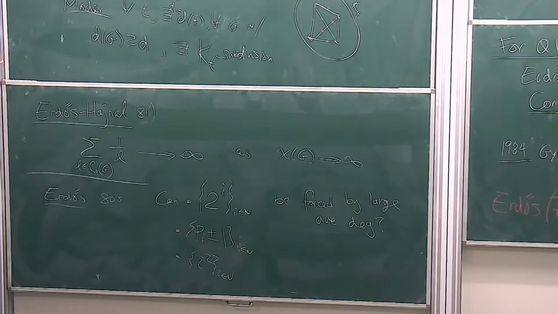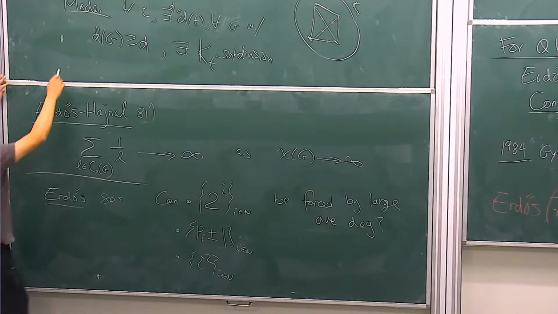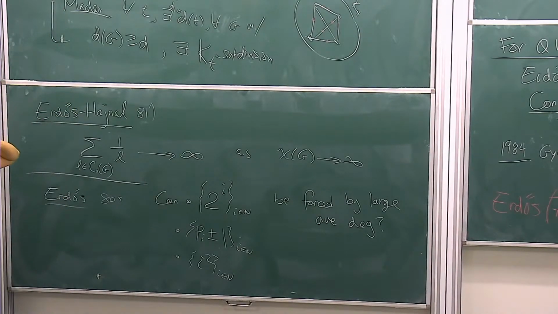So Warwick basically used this result of Mader, who showed that if you want to force a clique as a subdivision, give me the order of the clique t, then constant average degree is enough to force a clique subdivision.